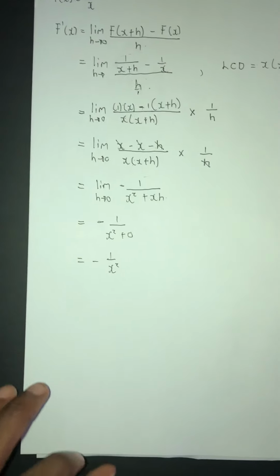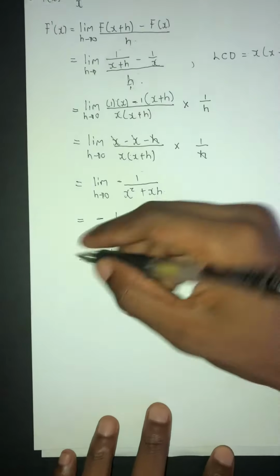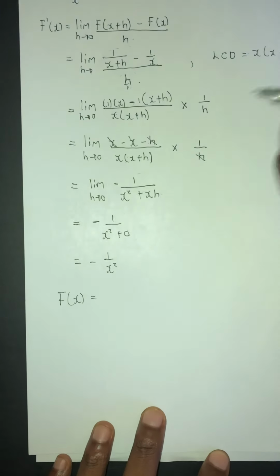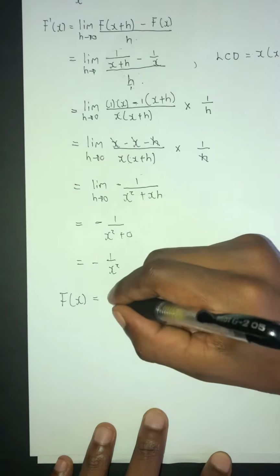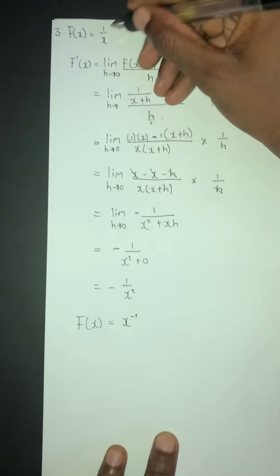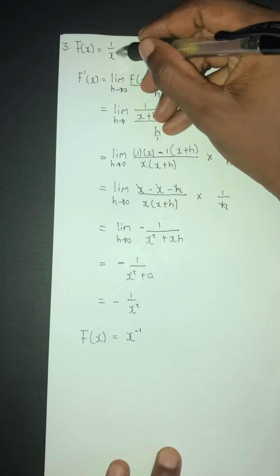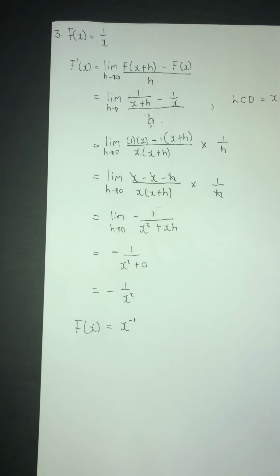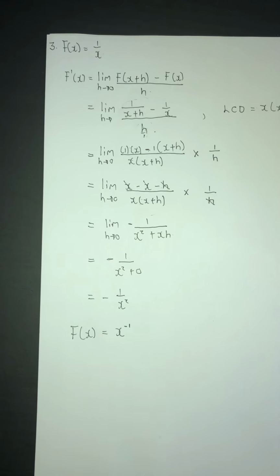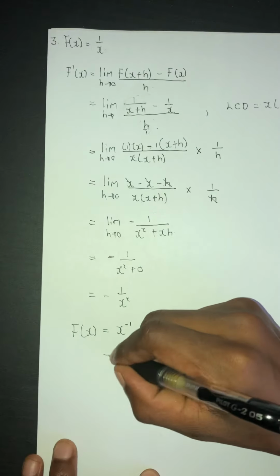So let's just check our answer. If I was differentiating using the rule, my f of x, I can say it's x to the power negative 1. I just took this from the denominator to the numerator, because I cannot use the rule while my variable is in the denominator. So let's see.